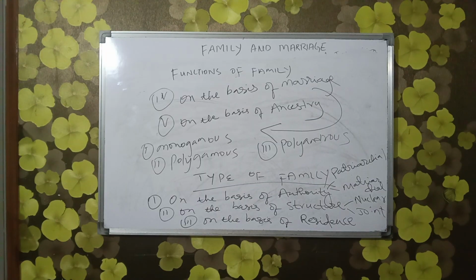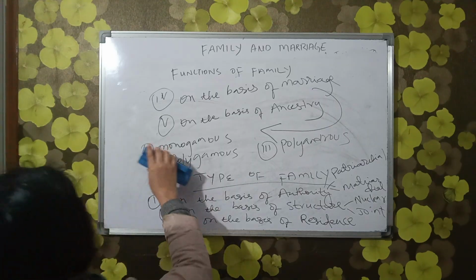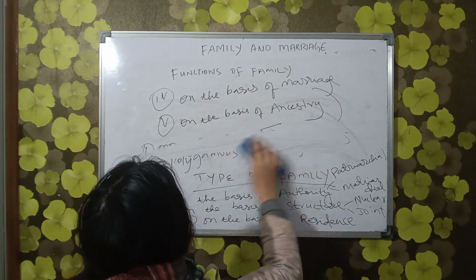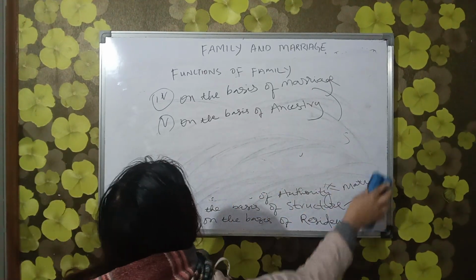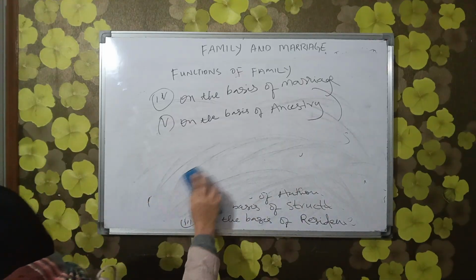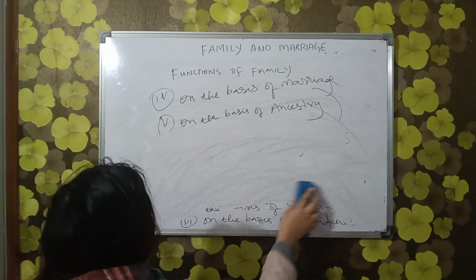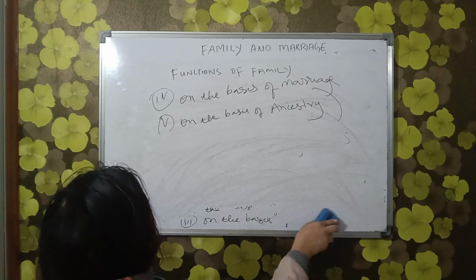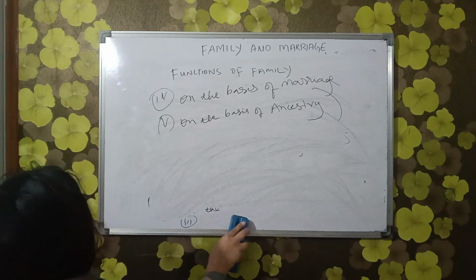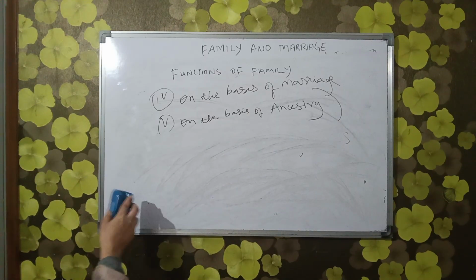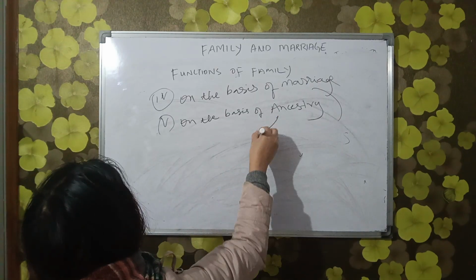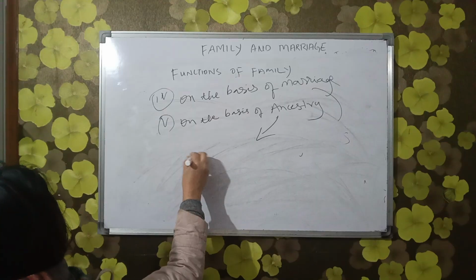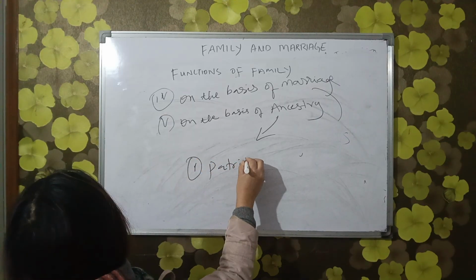So next, on the basis of ancestry. On the basis of ancestry, the family is again divided into two types, patrilineal and matrilineal. What is patrilineal?